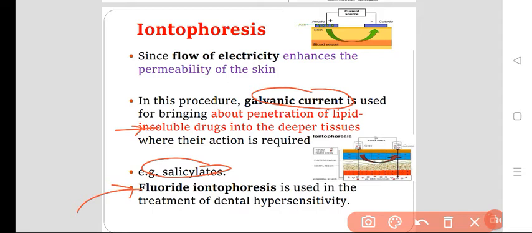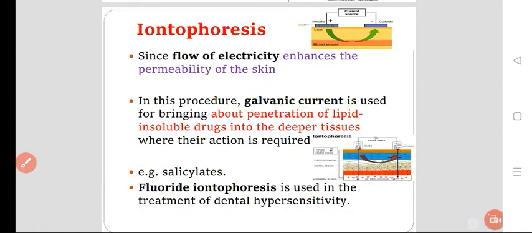We use Sensodyne toothpaste for this dental hypersensitivity. So the fluoride iontophoresis method is used by the dentist, or salicylates. So these are the procedures for lipid insoluble drugs, I will say.